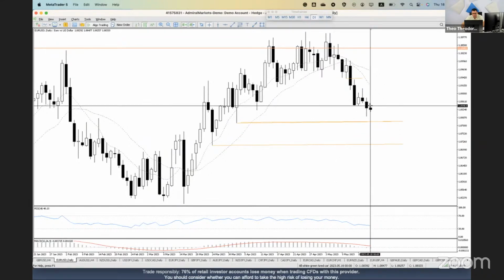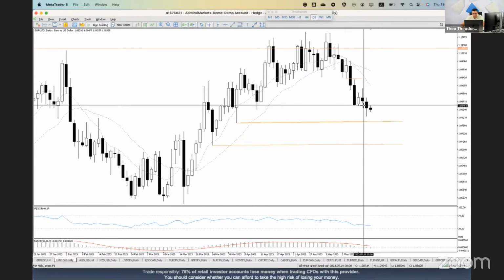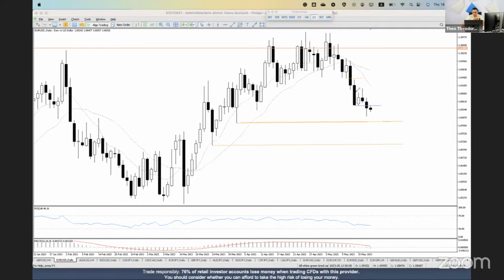So next one, it's the euro against the US dollar. Price after this consolidation broke to the downside, as I already explained to you in the previous session, that this is a strong continuation pattern, especially at the beginning of a new downtrend.